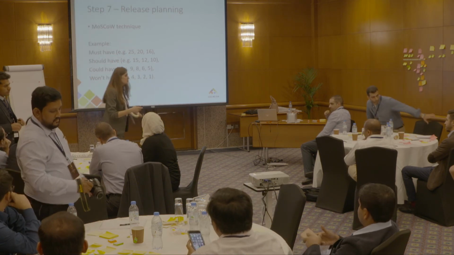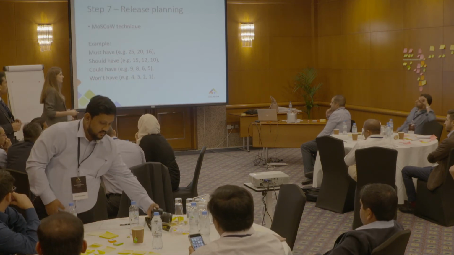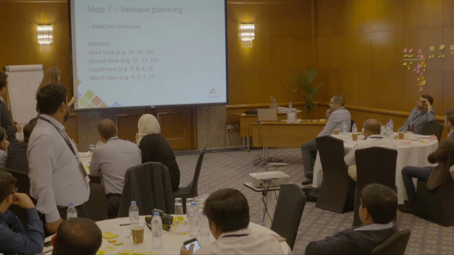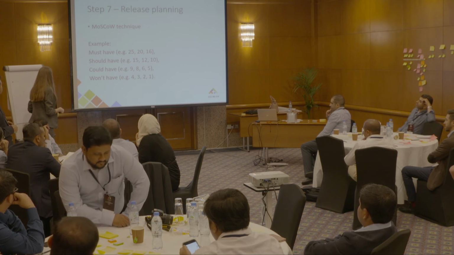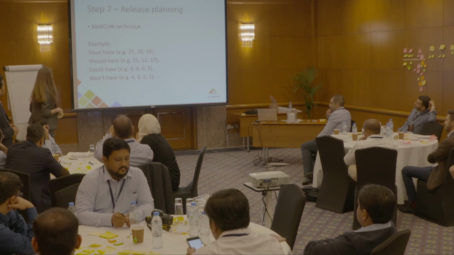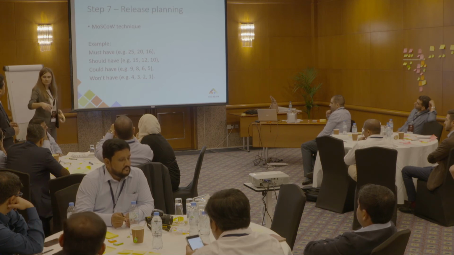Now, what I want you to do is, we will use this tape to organize our story map. We will decide what our must-haves are. For example, tickets that are 25, 20, and 16 points when it comes to priority. Or you can decide the scale you wish based on the lowest and the highest number for priority.